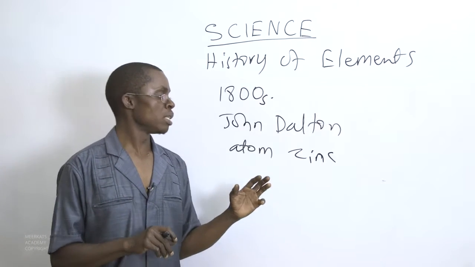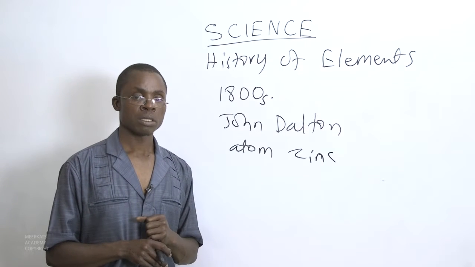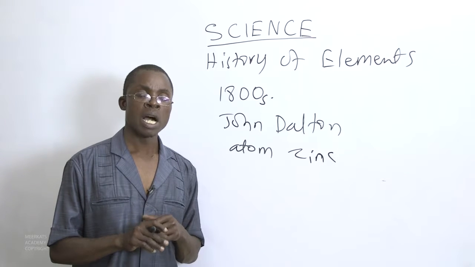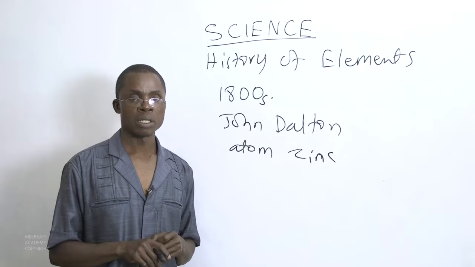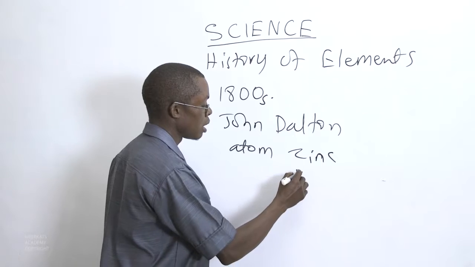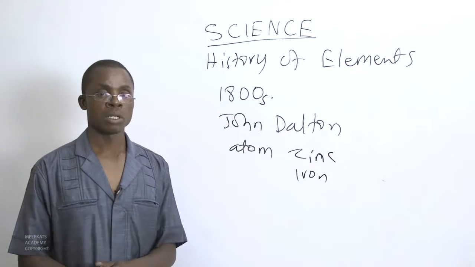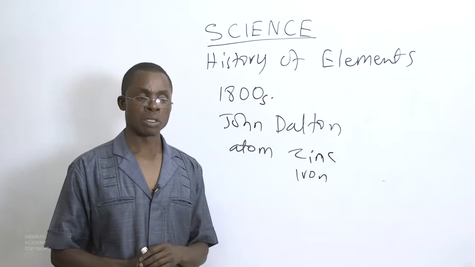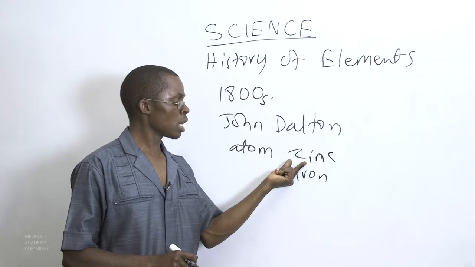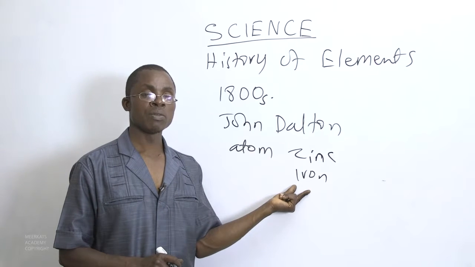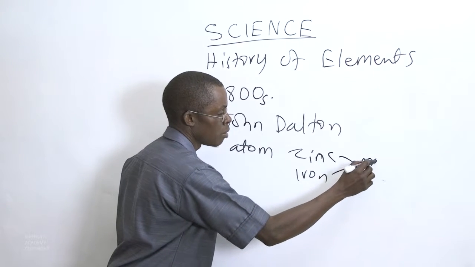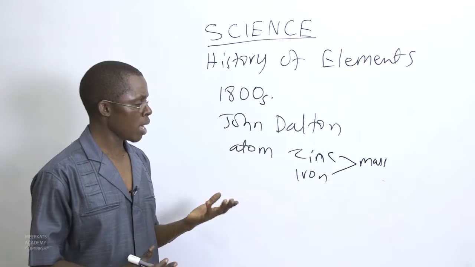The third one is atoms of a particular element will always vary in mass as long as those elements are different. Look at zinc. Maybe look at iron. These are two metals, but they are two different metals. From Dalton's theory, the atoms in zinc and atoms in iron must vary in terms of mass. Why?